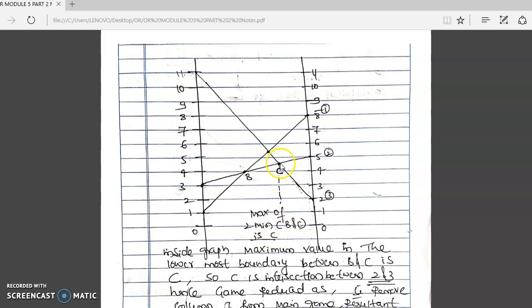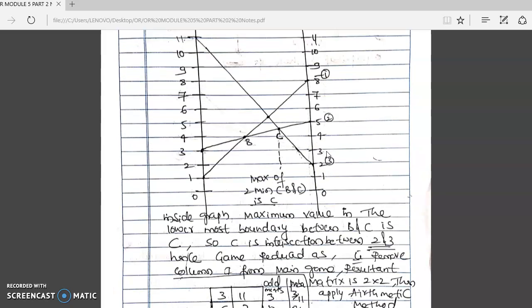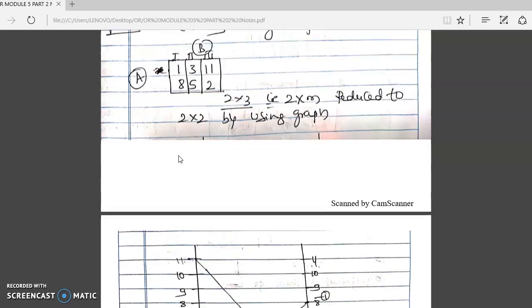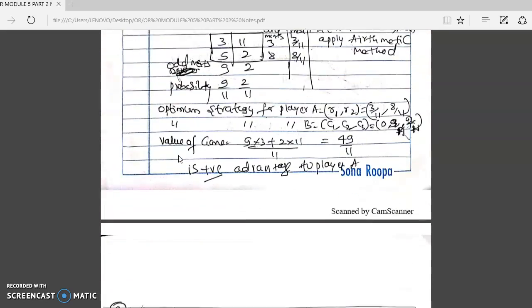C is the point obtained at the intersection of two lines, the third line as well as the second line. So we have to consider only 2 and 3, leaving the first column.